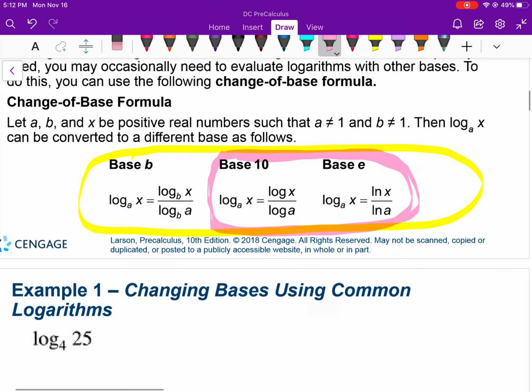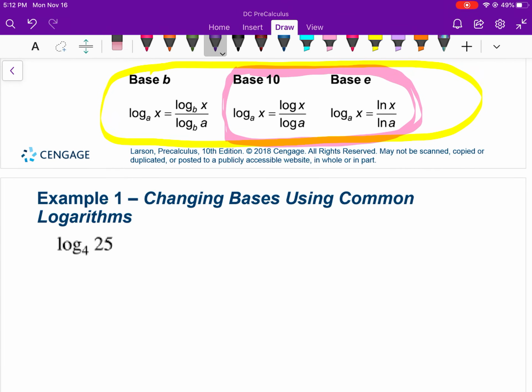And then we have example 1 where you get to practice. So this is going to be the log or the natural log. You can decide which one you want. And remember, your base goes in the basement. That way you don't get it upside down.